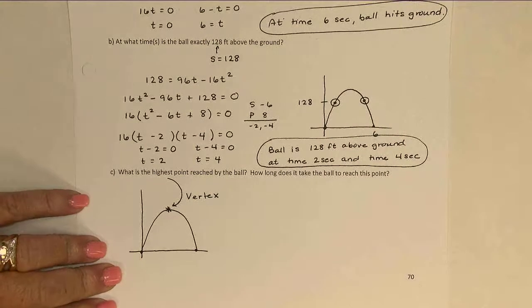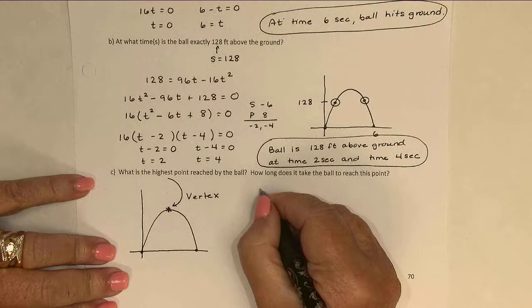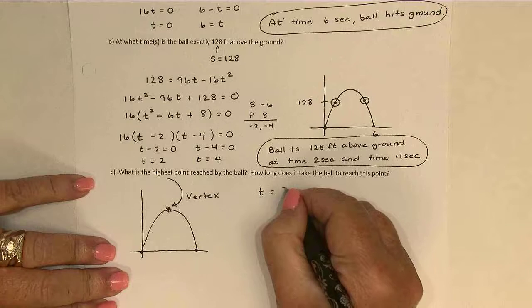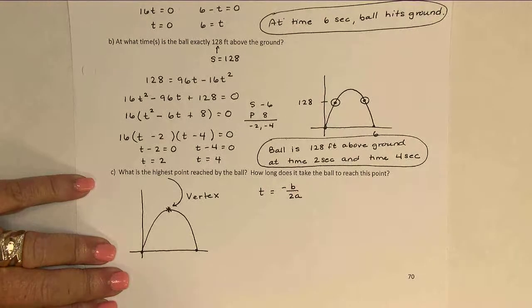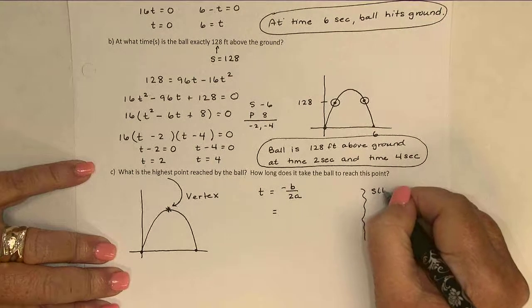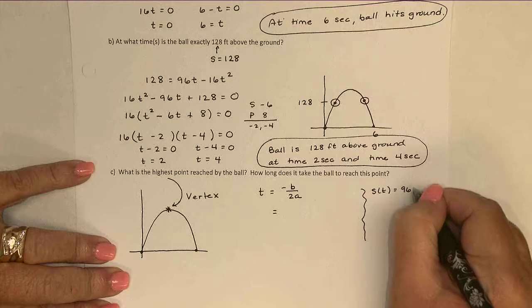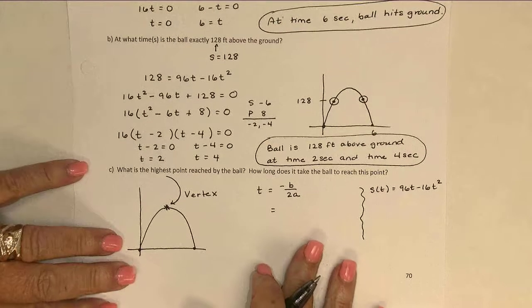So this one we were asked to work by hand, so I'm going to go ahead and find the vertex with the vertex formula. The x, which is really t this time, equals minus b over 2a. And maybe I should do one little thing off to the side here. Our function was originally given this way. Be a little bit careful here.